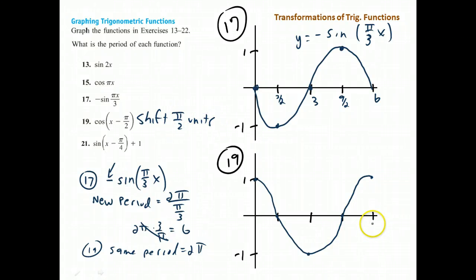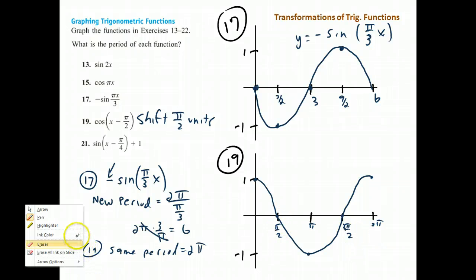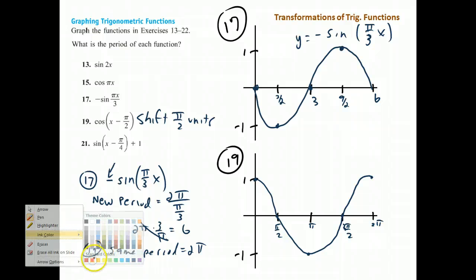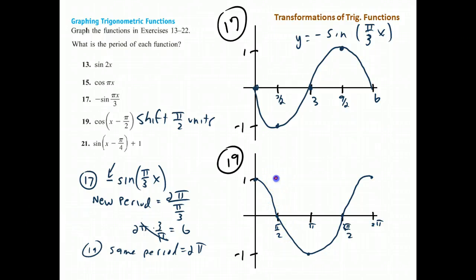So we have those units there. Now we want to shift where everything is now moved over pi over 2 units. So now we're going to start up here, come through here, come down here, and come back up here. And if we had one more, we'd be over here.